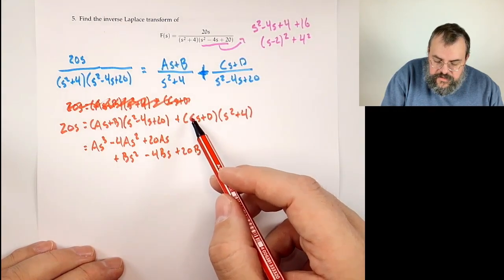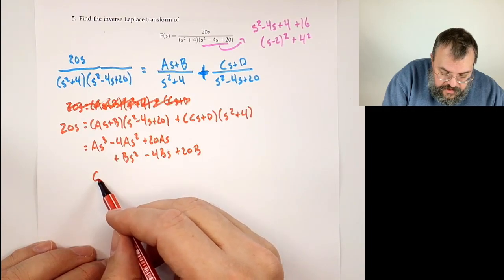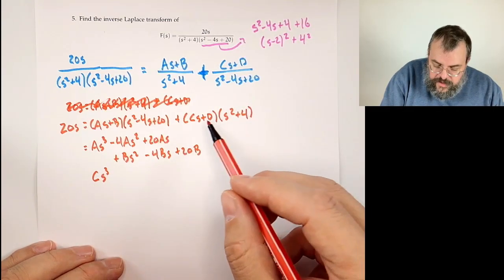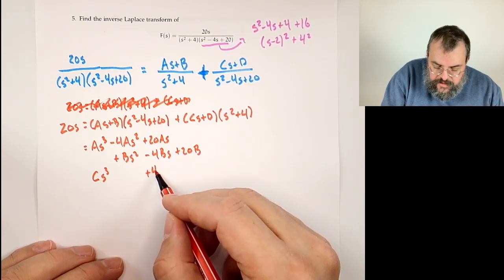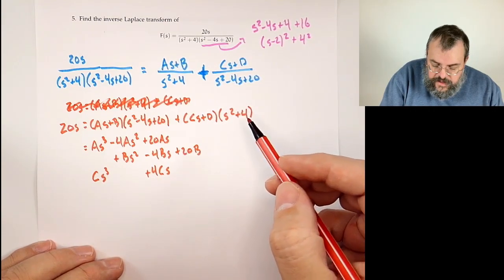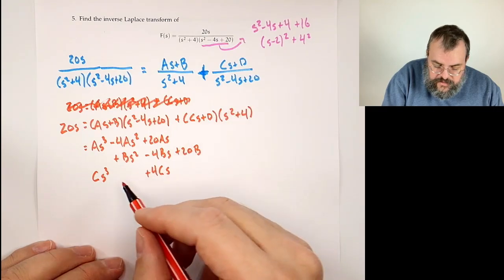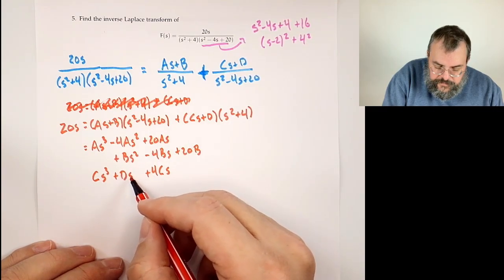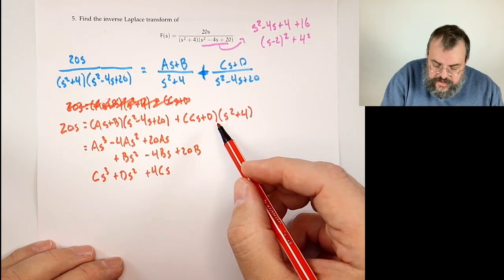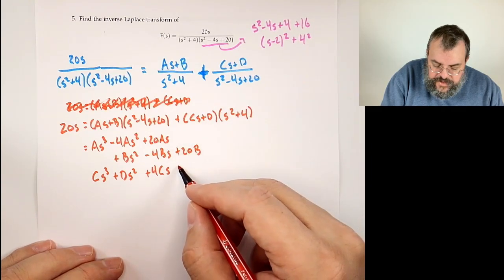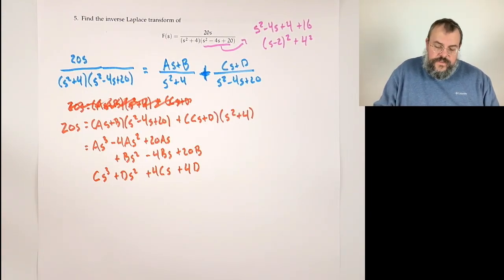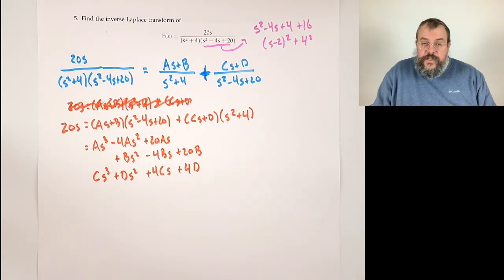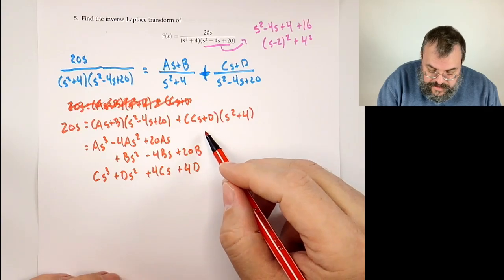Then over here we'll get cs cubed. And then we'll get 4 times c times s. And then we'll get d times s squared. And then we'll get 4 times d. Okay, so that leads us to the following.